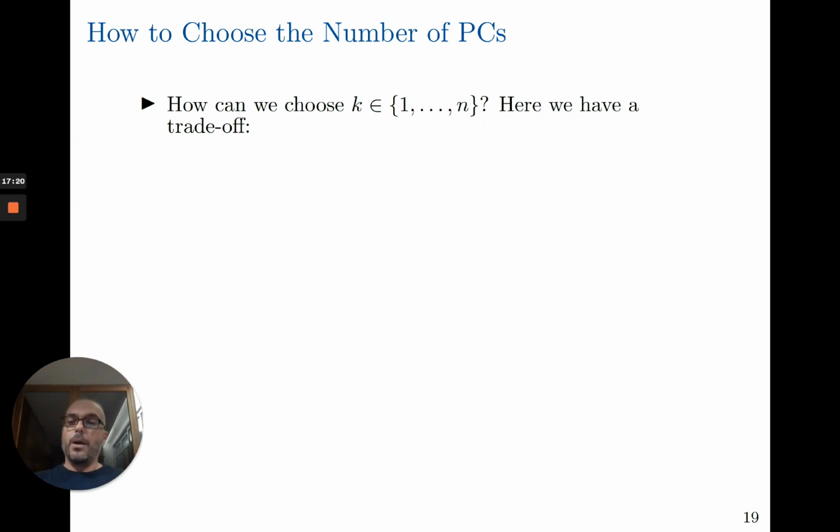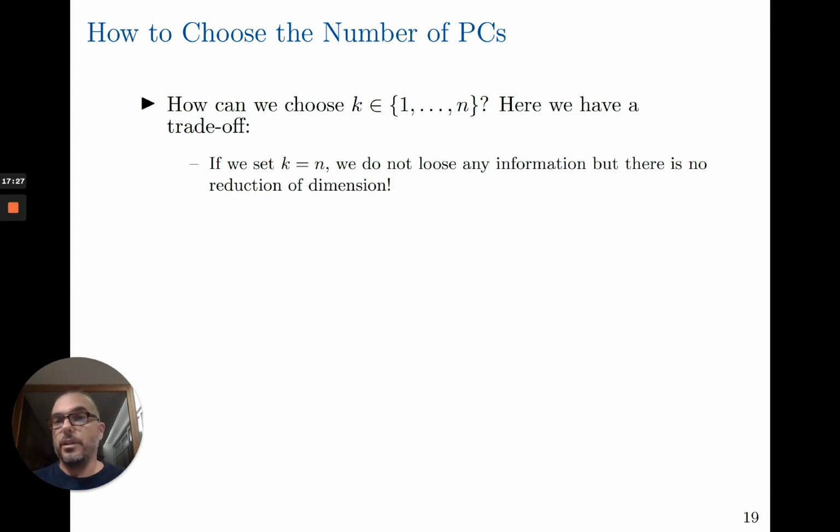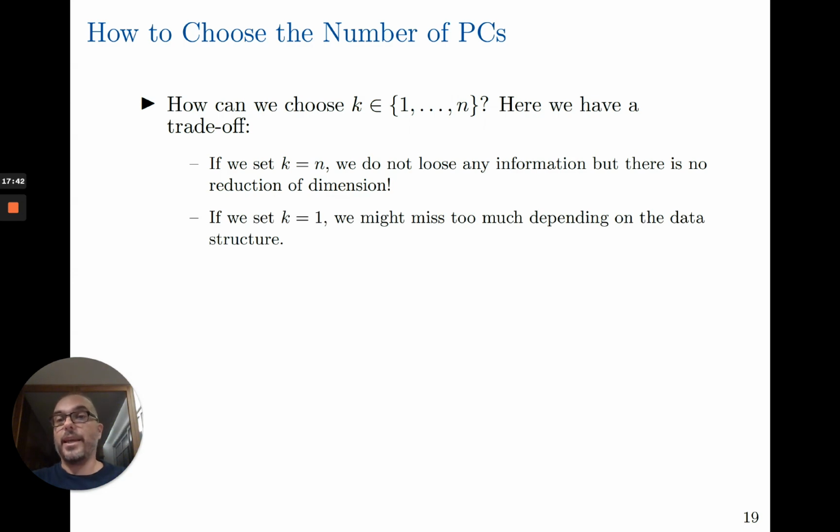So now the question is, how can we choose k? And here we have a trade-off. If we set k equal to n, we do not lose any information, but there is no reduction in dimension. Okay, so you're just making the data set orthogonal. If we set k equal to 1, we reduce a lot, but we miss too much information depending on the data structure.